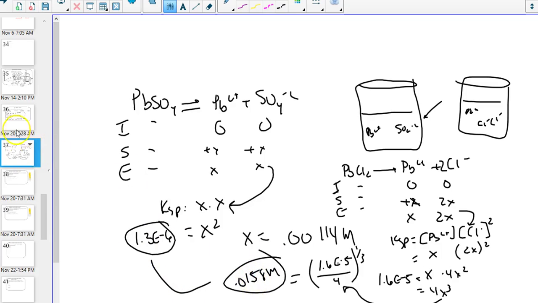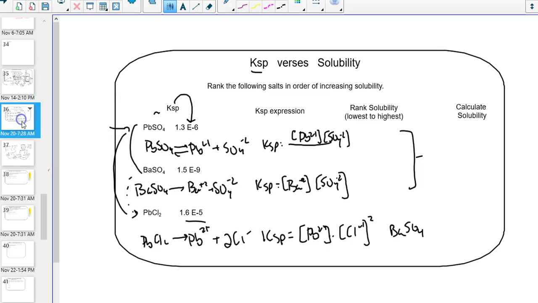So go back to my original page here, and rank in solubility. This one is going to be last, the PbSO4 will be second, and let's do it this way, number 1, number 2, and number 3. I calculated that solubility, and I calculated this one. We didn't do this one.